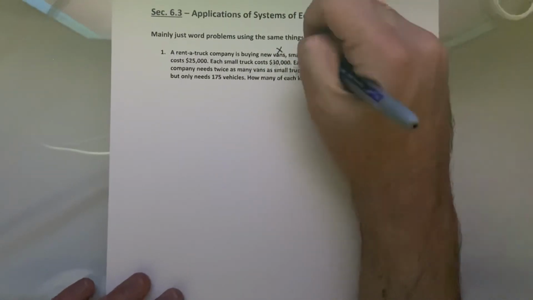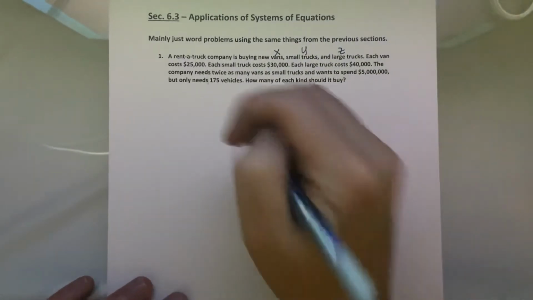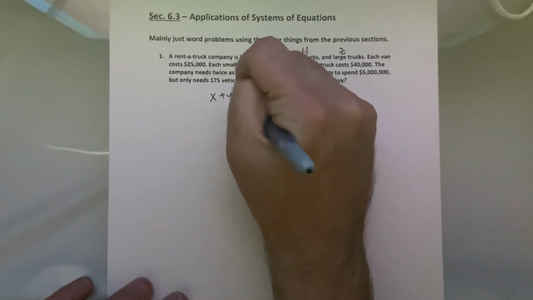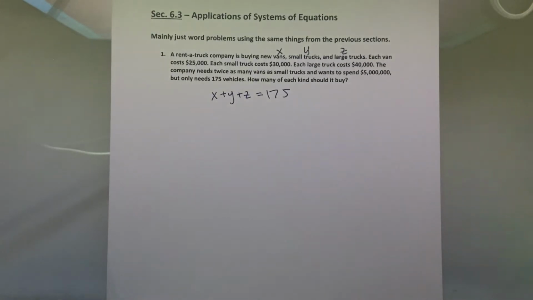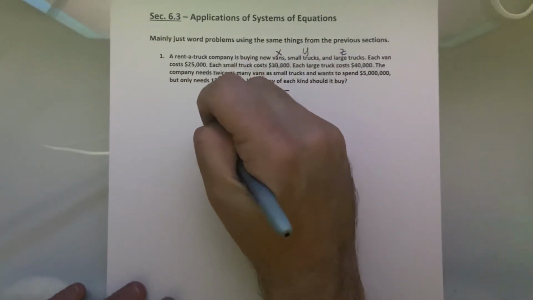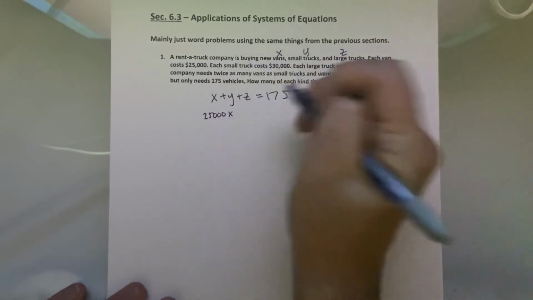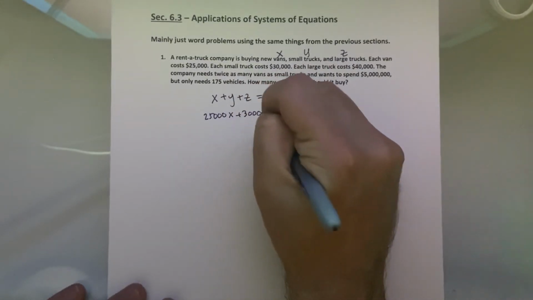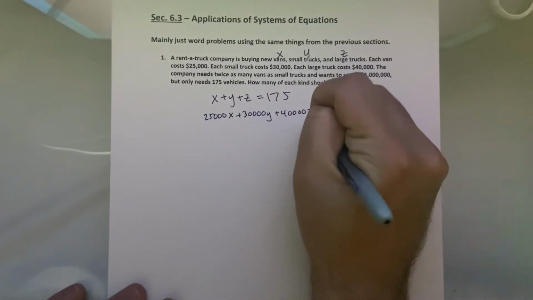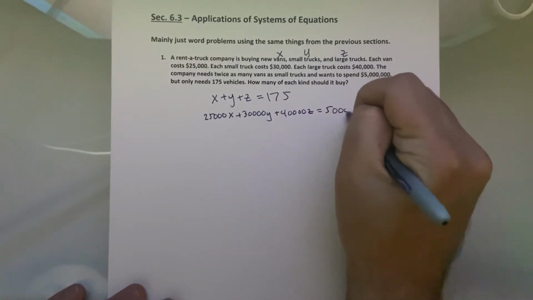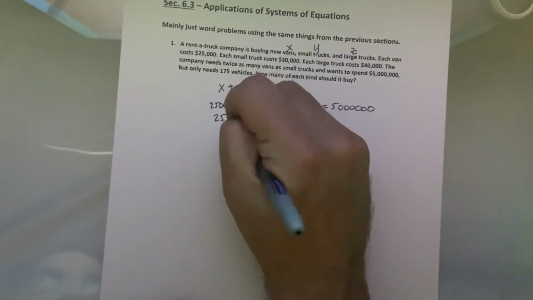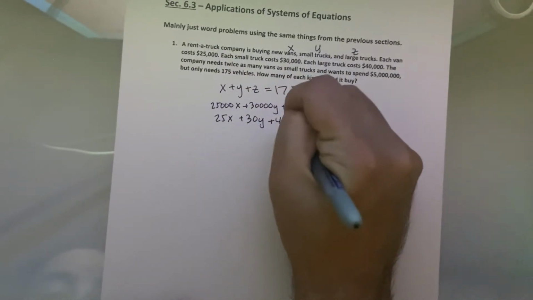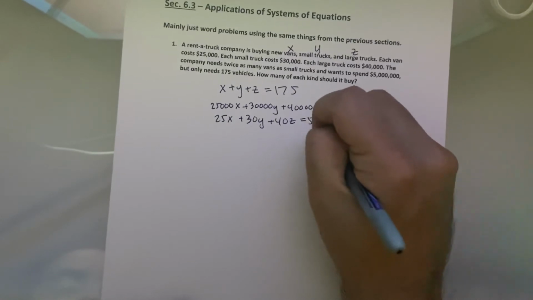So I'm going to label vans X, small trucks Y, and large trucks Z. So now X plus Y plus Z, the total number of vehicles, is 175. I know the cost total. That's 25,000 X plus 30,000 Y plus 40,000 Z equals 5 million, which I'm going to reduce first by 3 zeros: 25x plus 30y plus 40z equals 5,000.